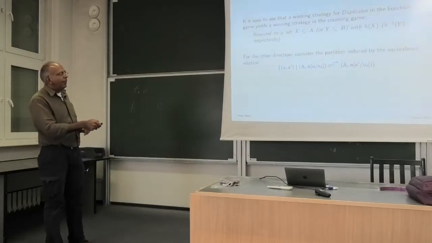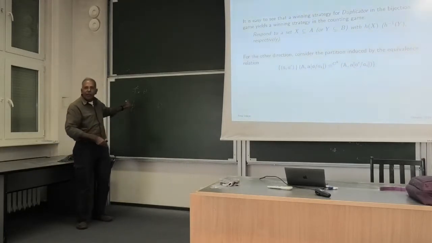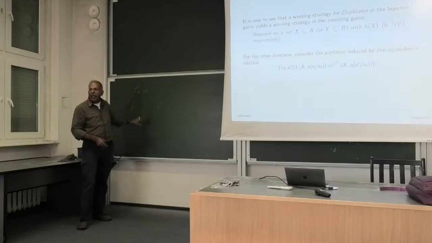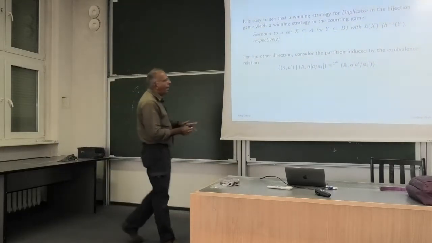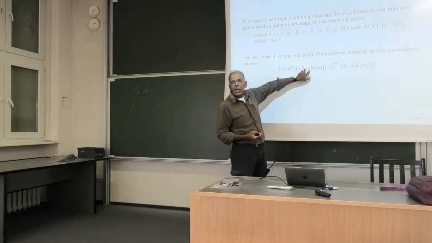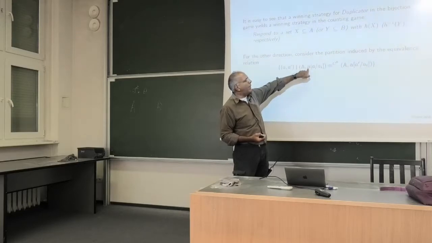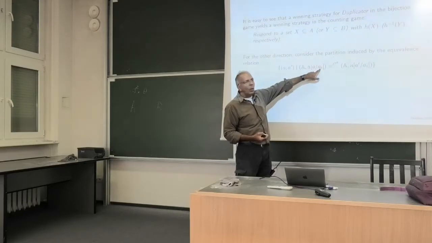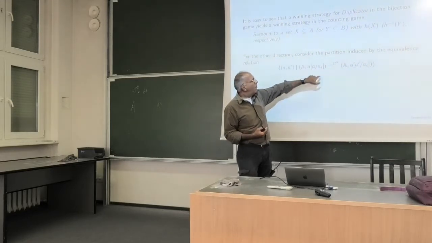In the other direction, suppose I tell you that Duplicator has a winning strategy in the counting game. How do you get a winning strategy in the bijection game? What you do is the following. Consider the current position in the structure A, right? So A is currently pebbled positions. We know that pebble number i is moving. Look at all the places it could move to, right?